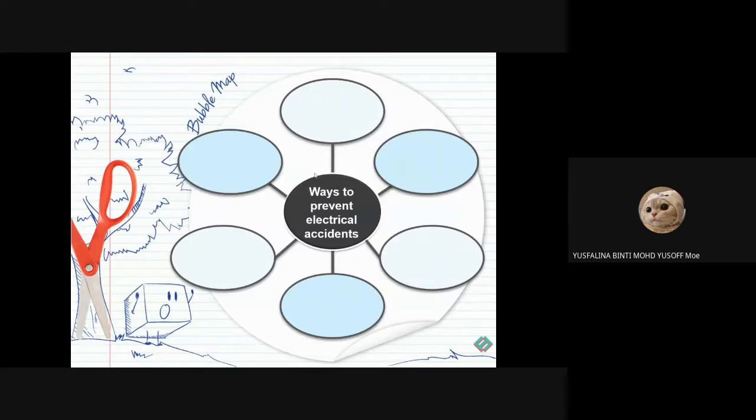So, ways to prevent electrical accidents. Replace damaged electrical cables. Do not pull out the plug by the cord. Check the plug before use.